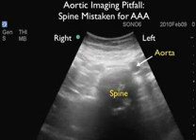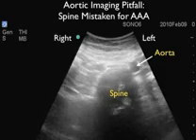Notice that it has a circular appearance that at first glance could be construed as a vascular structure such as the aorta, but if we look closer we can see that the aorta is located anterior to the spine. Also we can see the IVC to the right of the aorta. But just be careful because at times the spine can mimic a vascular structure such as an aorta, so look closely for structures anterior to the spine, which in fact would be the abdominal aorta. And also we could use color power Doppler to help delineate the two structures.